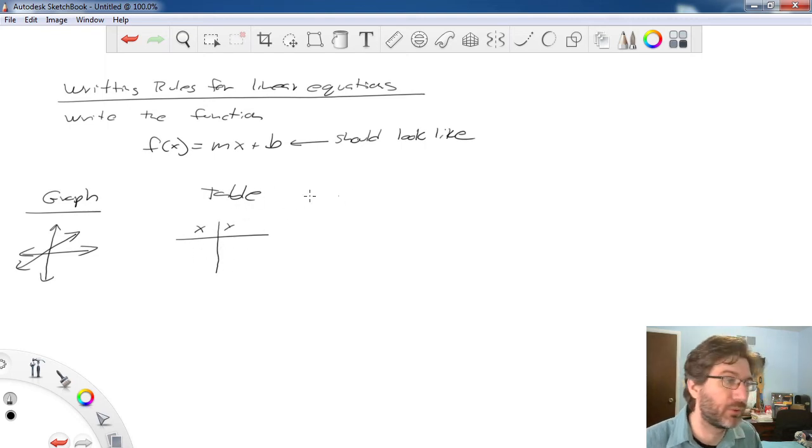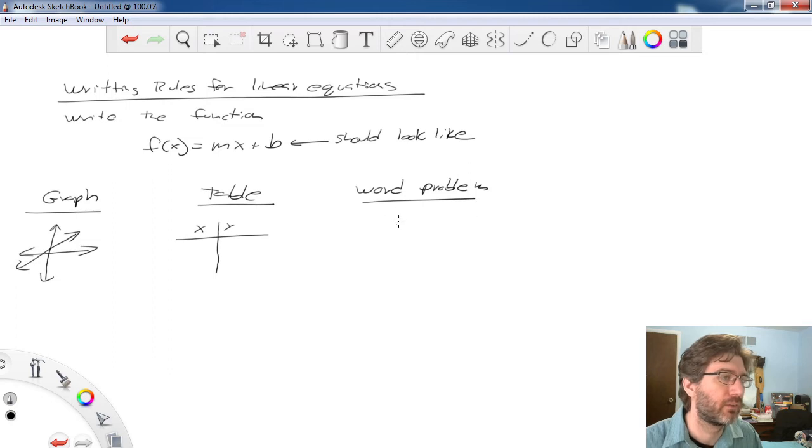It might give you a word problem and ask you to write the rule from that. So we're going to have different scenarios, and you're going to have to take each of these scenarios and translate it to this form.